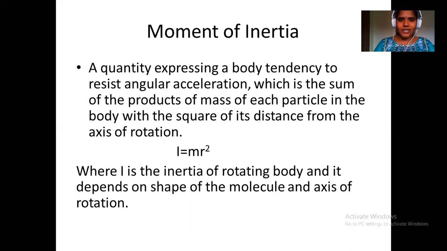Inertia is the resistance which opposes the rotation of that particular body, that particular molecule, and it is equal to m r square, the mass and the radius square. We consider this inertia in order to study the rotation of a molecule.